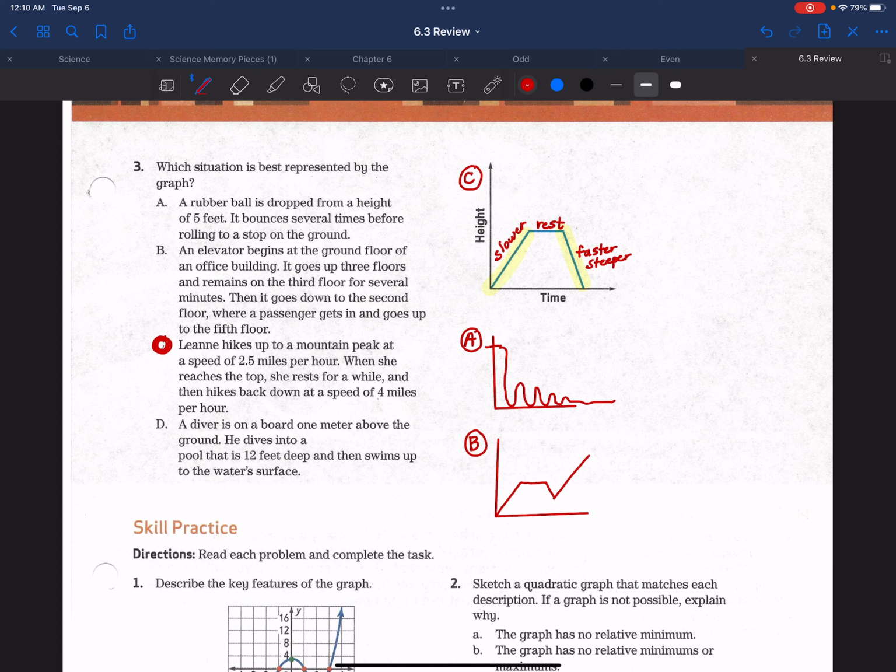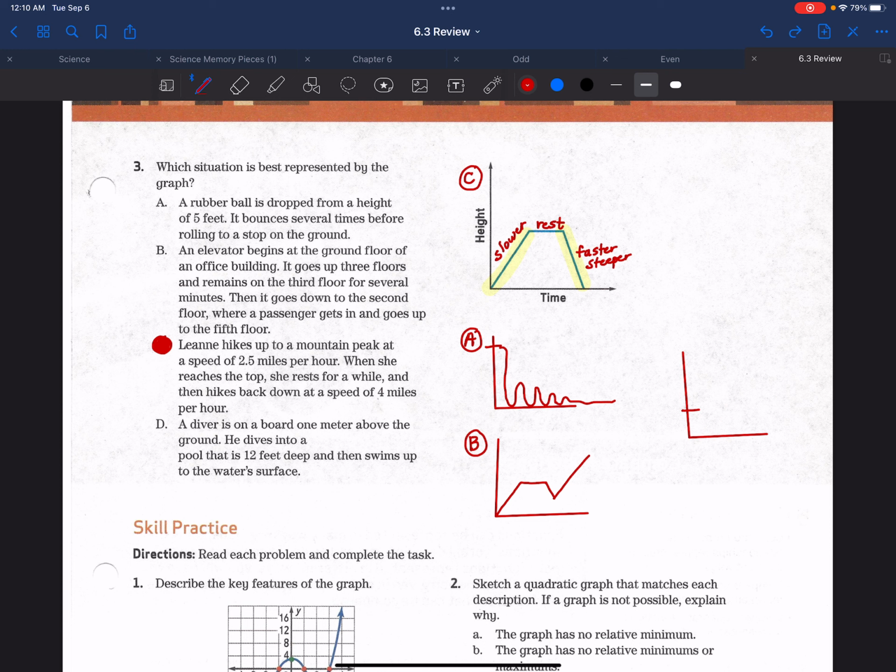But let's model D while we're doing this. This is good practice. This can happen also on a science test. A diver is on a board 1 meter above the ground. So the diver is right here on the board. He dives into a pool that is 12 feet deep and then swims to the surface.